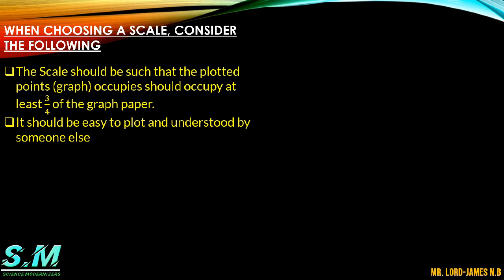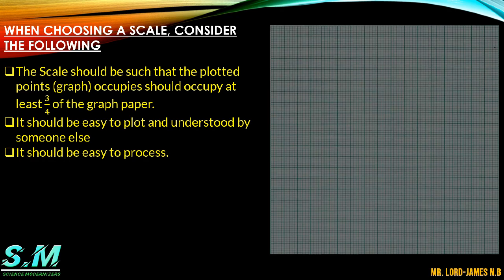It should not be complicated, and scales should always follow a regular pattern, that is the pattern of an arithmetic progression with a constant common difference. And also note that a scale must not necessarily begin from 0. You can begin from any point and indicate on your graph paper that this is not the origin. Okay, so it should be easy to process.